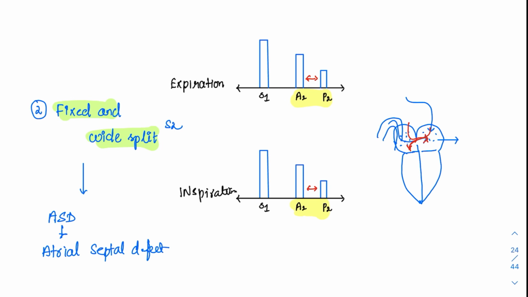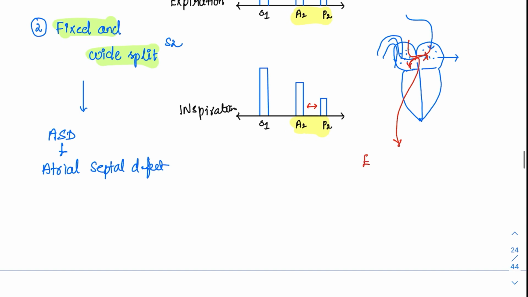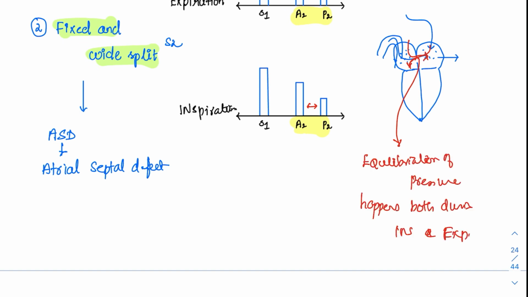There will not be any change, because whatever extra blood comes during inspiration is pushed across, and whatever extra blood comes during expiration for the other side is pushed to this side. So this defect equilibrates the pressure between inspiration and expiration. That is the reason we don't see any difference between inspiration and expiration, and it is a fixed split. Fixed split we will see only in this condition.